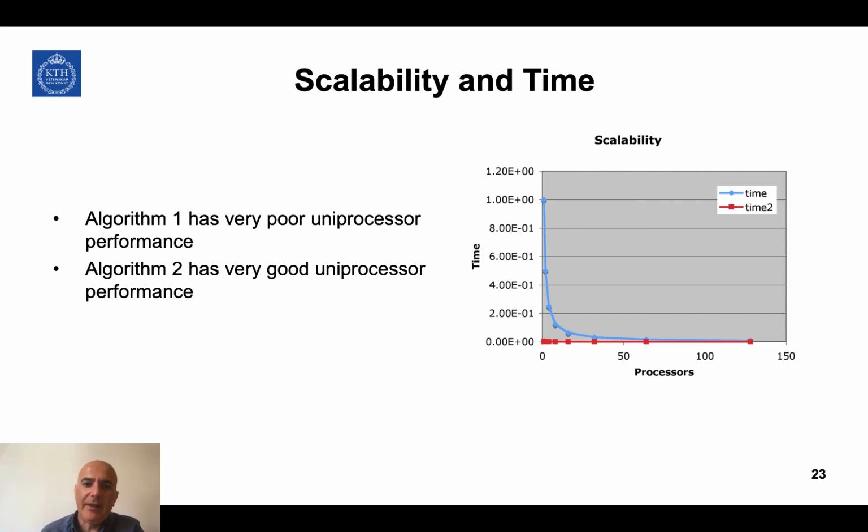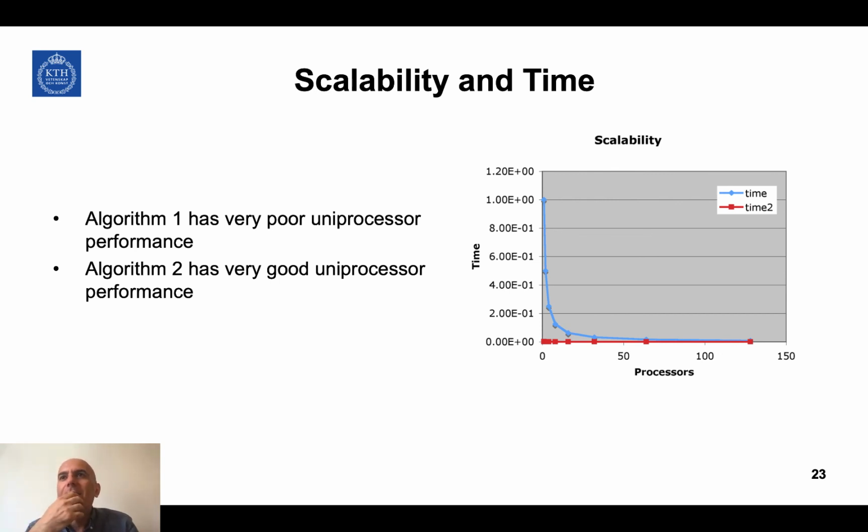Here we have the total execution time. As you can see, the total execution time for a small number of processors is actually very high. If the red one is 0.1, this is 1, so this is a factor of 10 difference, right? It was hidden by the speedup plot that we saw before.